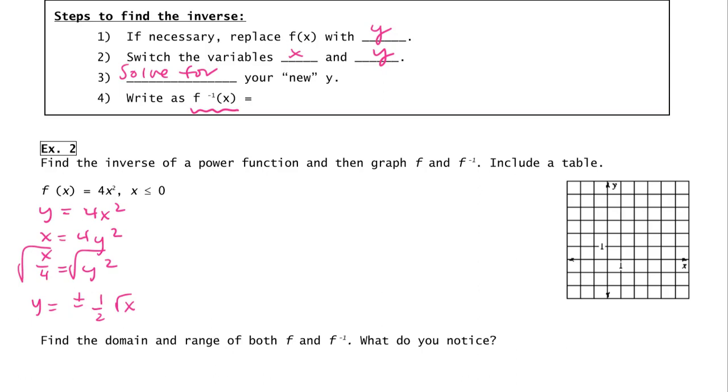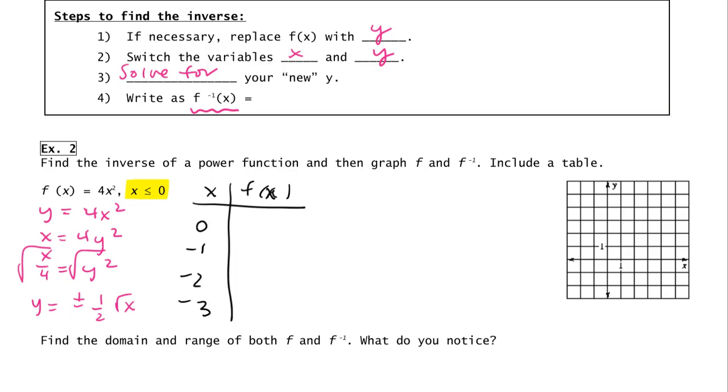Notice over here that we have a restricted domain of x less than or equal to 0. I want to show you how this works. If you make a table with the original function, x less than or equal to 0, let's choose 0, -1, -2, -3.